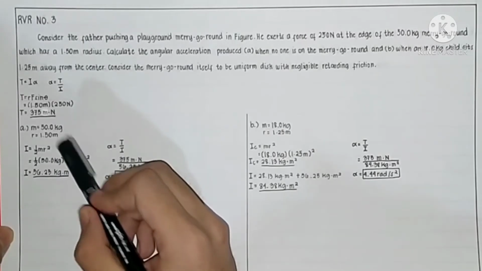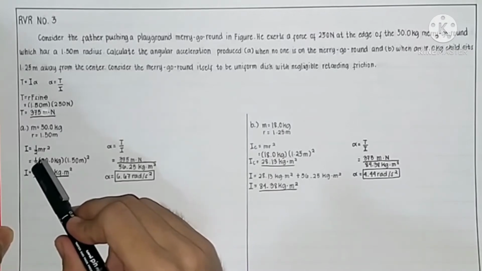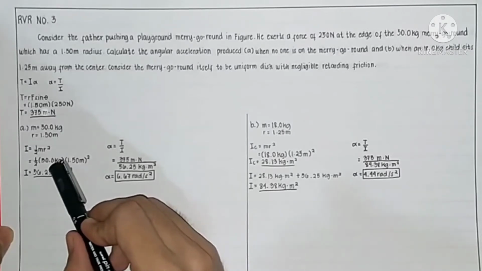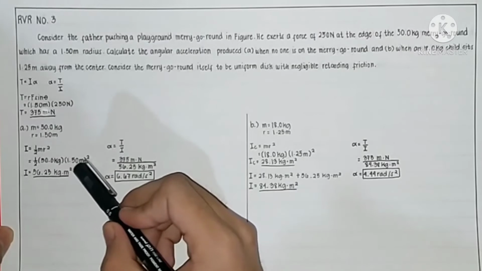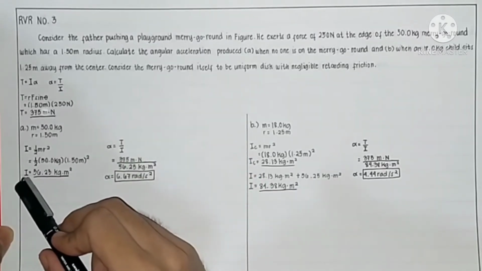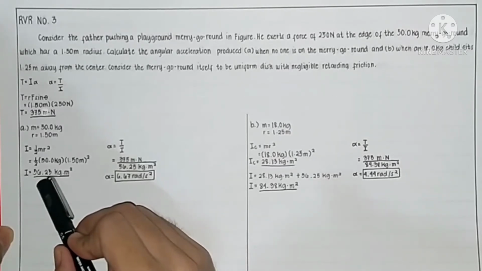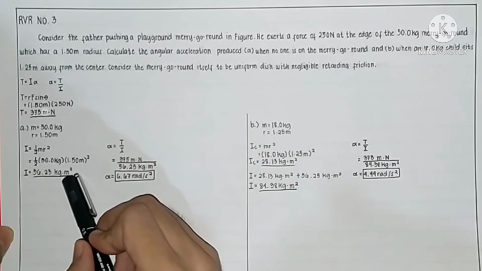And then substitution lang ng mga given. So we have 1/2 times 50.0 kilogram times 1.50 meter squared, which results to the value of inertia, which is equal to 56.25 kilogram times meter squared.